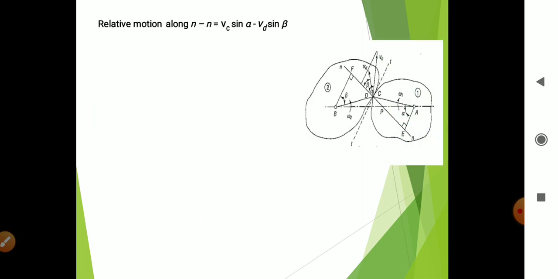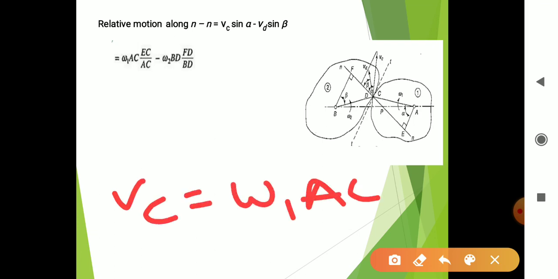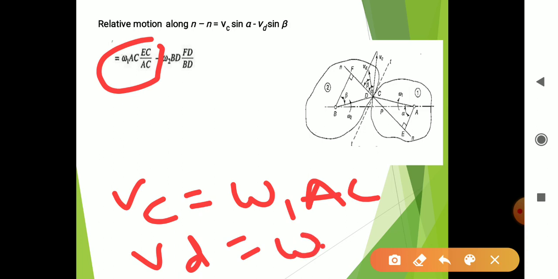So the relative motion is equal to VC sine alpha minus VD sine beta. We already saw that in the previous one. So VC is nothing but omega 1 into AC. Put it here. So what we got here? VC is equal to omega 1 into AC. Next, VD is nothing but omega 2 into BD.